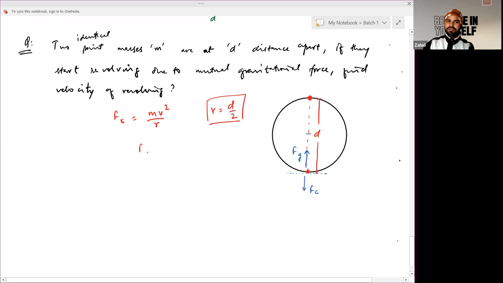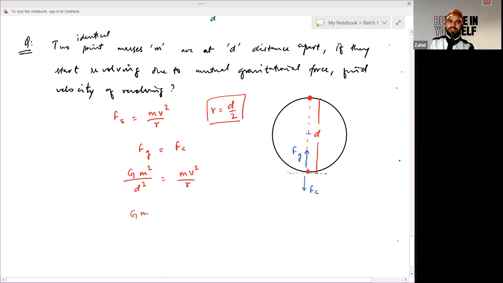Just see, we have to equate gravitational force with centrifugal force. Fg is G, product of masses by square of separation between them. And Fc is mv square by r. Put the value of r to be d by 2.